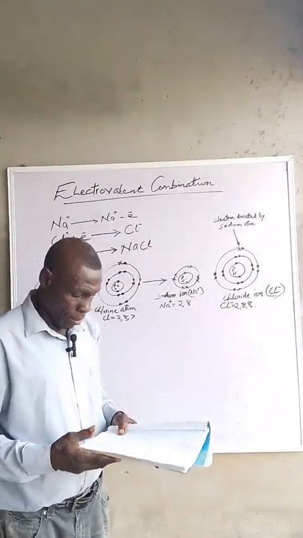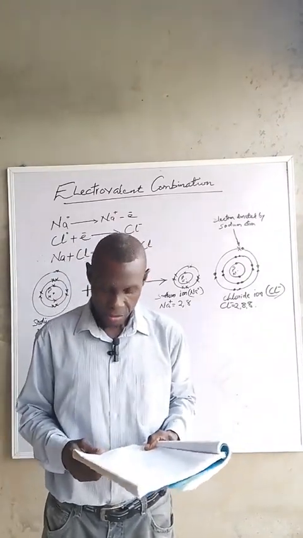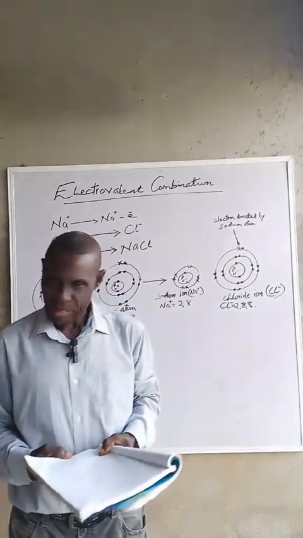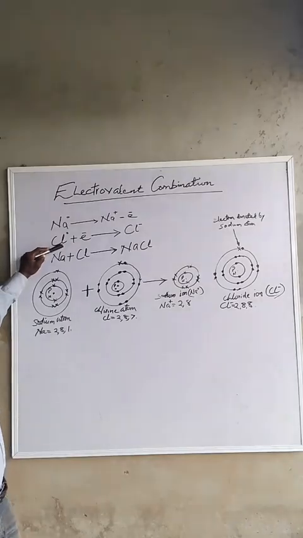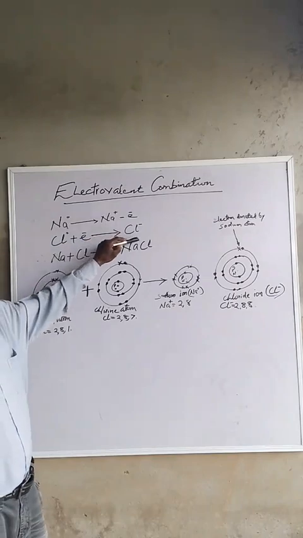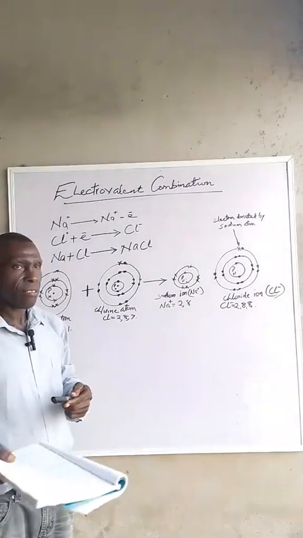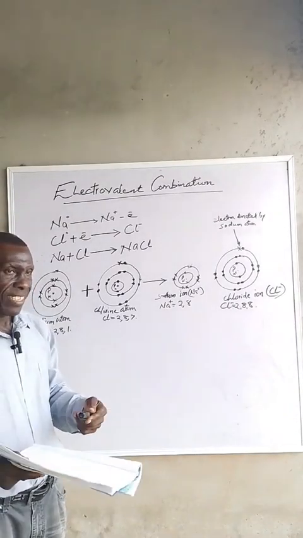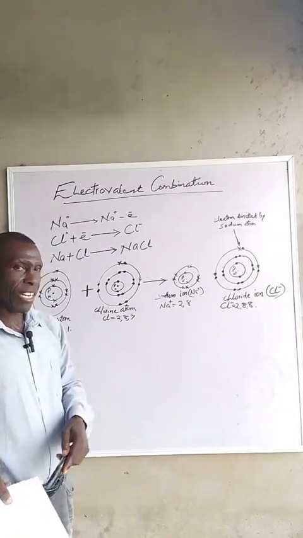On the other hand, for a neutral chlorine atom to become an ion, it must accept one electron. On the board here, this is a neutral chlorine atom accepting one electron. It becomes what? A chloride ion. So when chlorine and sodium are combining, sodium is a metallic atom, chlorine is a non-metallic atom.